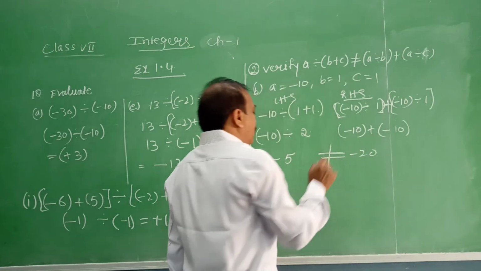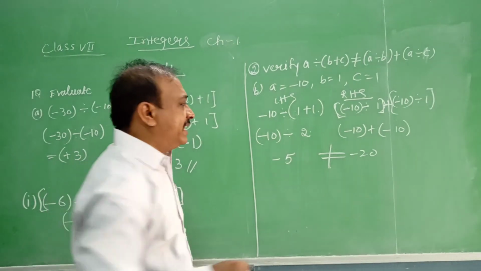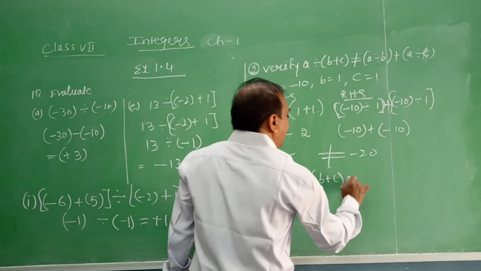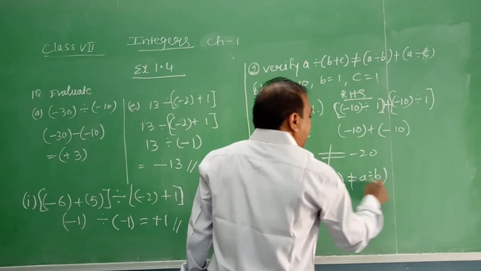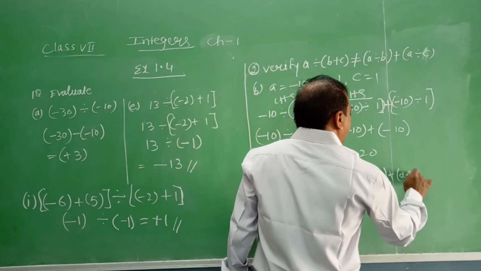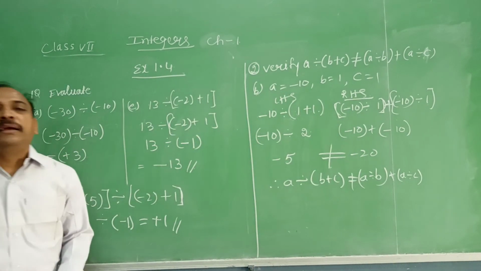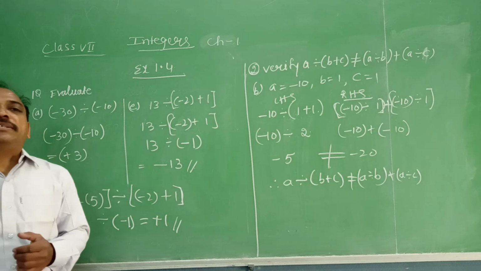Therefore, minus 5 is not equal to minus 20. Therefore, A divided by (B plus C) is not equal to A divided by B plus A divided by C. Is it clear? So with this, the concept of integer division ends.